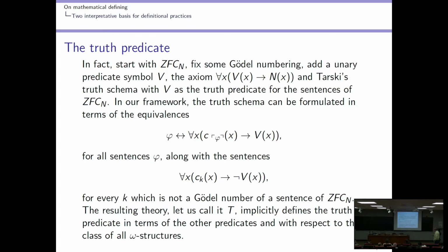So this is saying that if x is the number k, then x is not true, because x is not a sentence in this case. So I am just eliminating from V the numbers that are not corresponding to sentences.